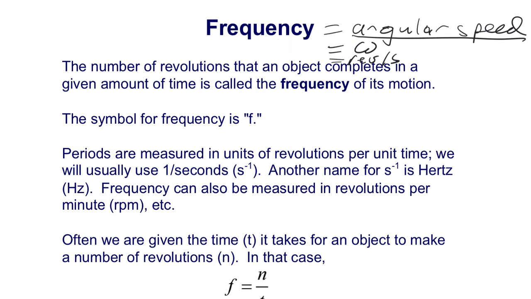Now we're talking about simple harmonic motion or vibrational motion. So frequency now is the number of cycles that an object completes when it's vibrating in a given amount of time. So instead of revs per second, we will have cycles per second.